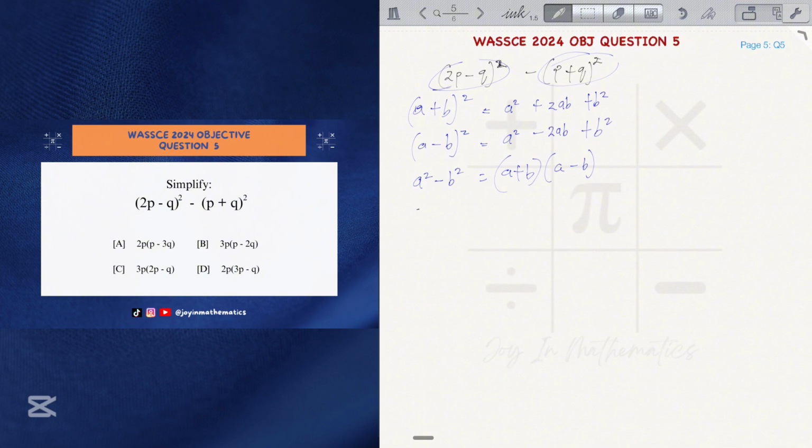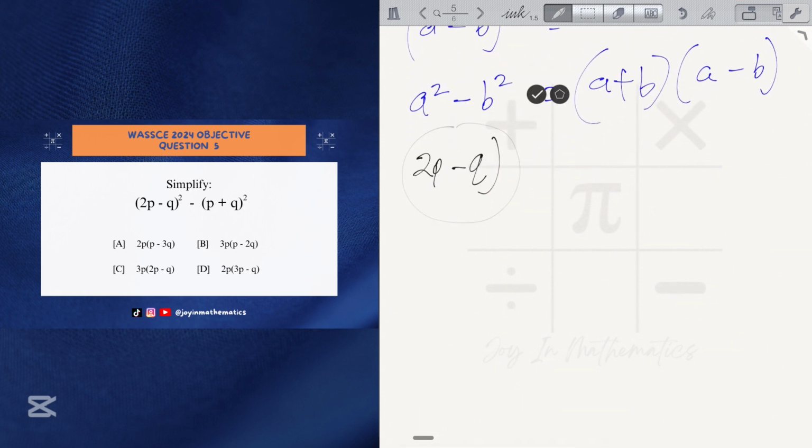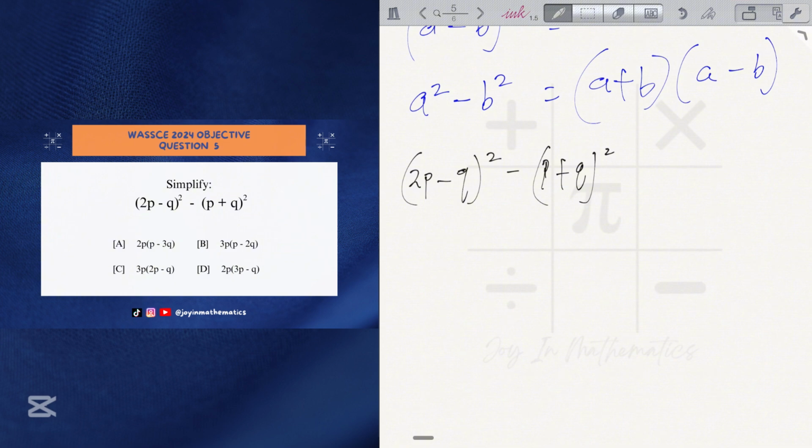So we have 2p minus q squared minus p plus q squared. With this, we have the negative in this case. We also have a, and likewise we have b. So we are saying that a is equal to 2p minus q and b is equal to p plus q.